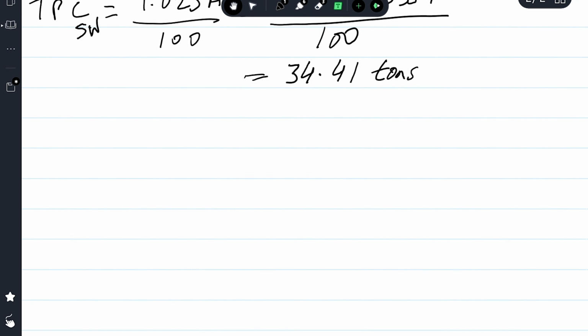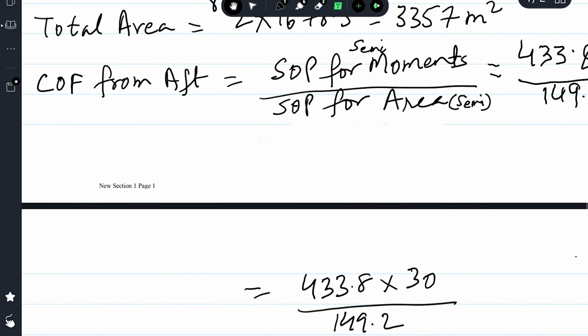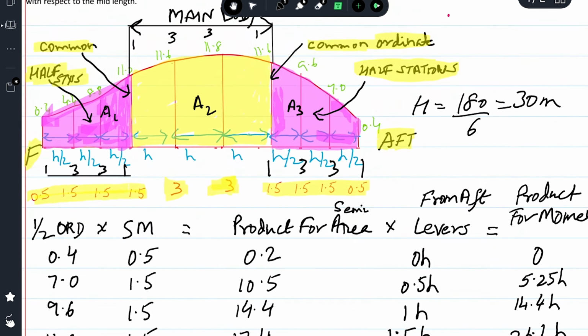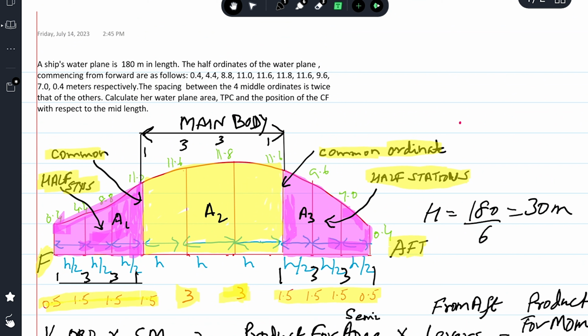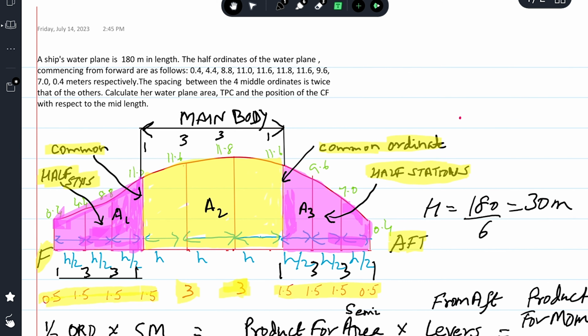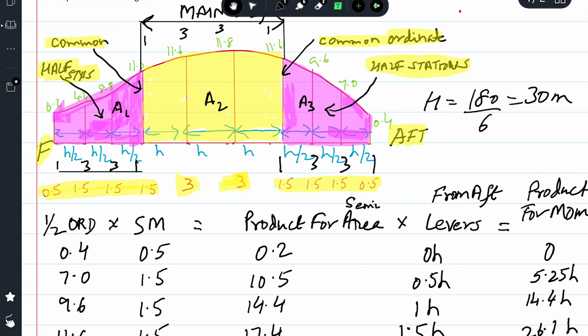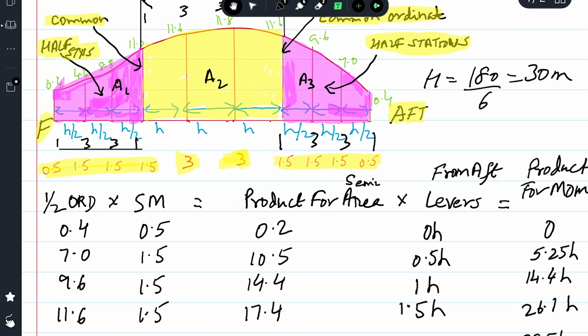So that's all that was asked in the question. Okay, water plane area, TPC, and position of the center of flotation with respect to mid length. We found everything. So you can do it yourself. The same question is from past papers.